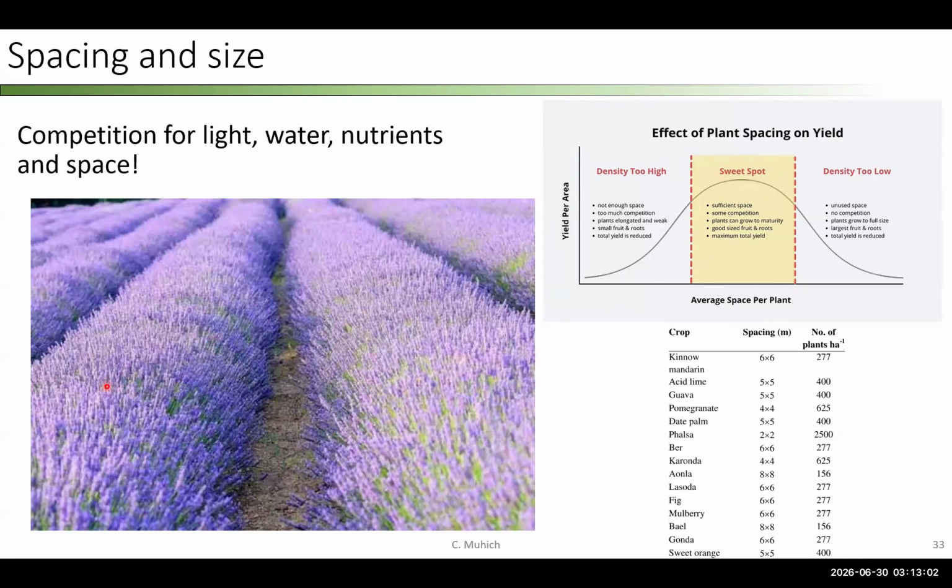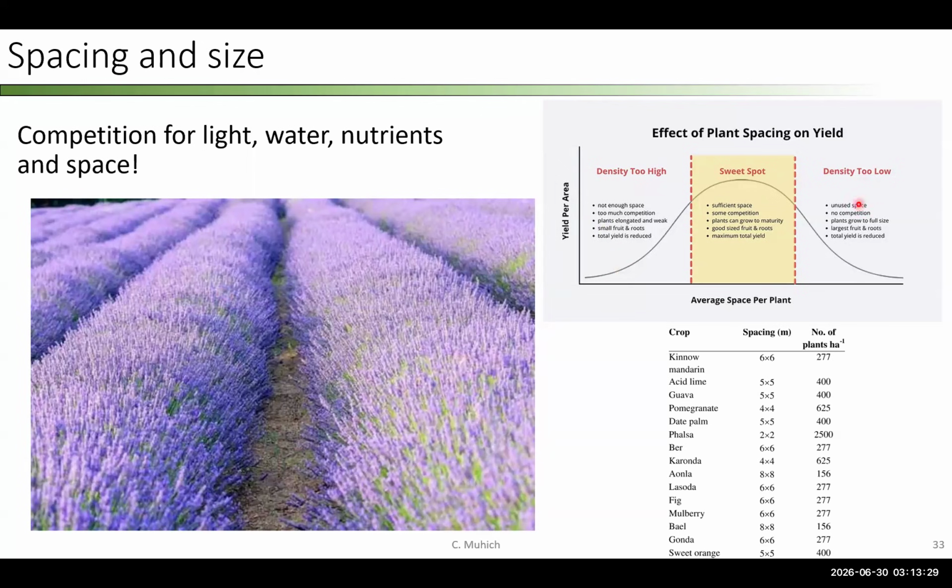But these individual plants themselves can't be packed too densely, right? So there's space between this plant and this plant and this plant, because the plant itself has a certain size where it does best. And so if we pack them tighter than that, there ends up being competition for light, water, nutrients, and eventually space. So if we pack too densely, the plants generally have poor yield.